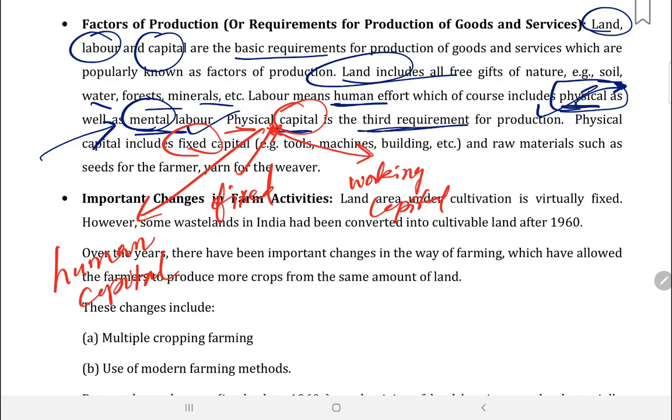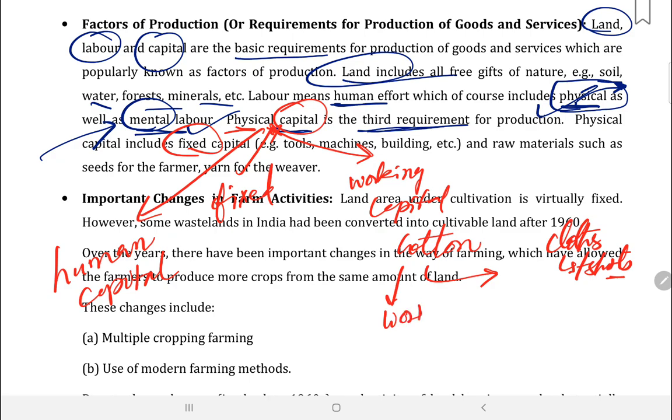For example, take a cotton factory. Cotton comes into the factory from the fields, gets processed in the factory, and comes out as a finished product, for example in the form of clothes like t-shirts. Here, cotton is not a fixed capital.